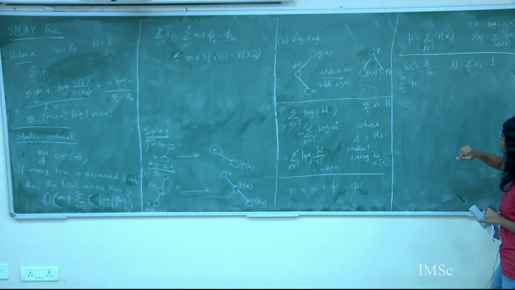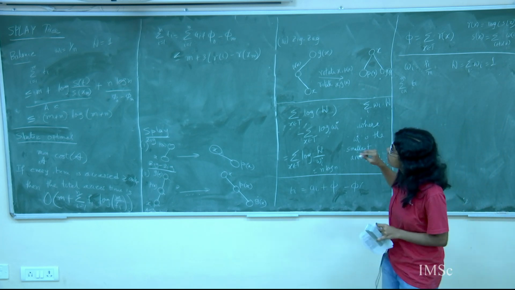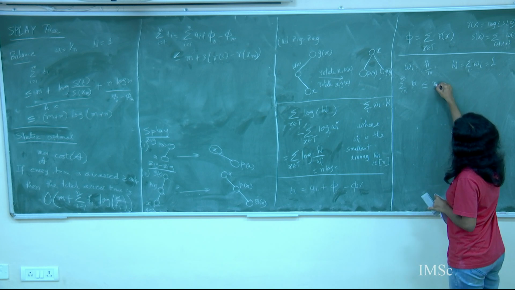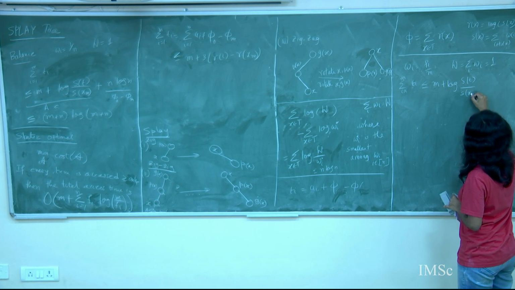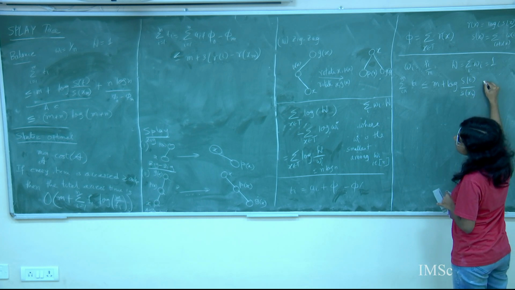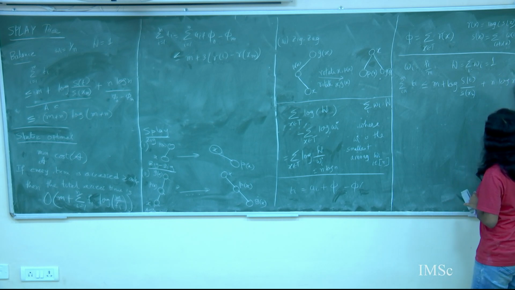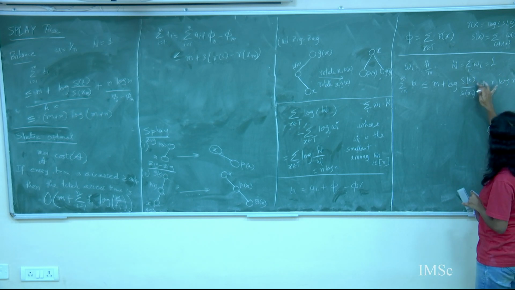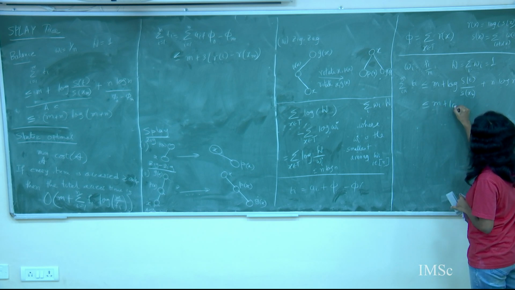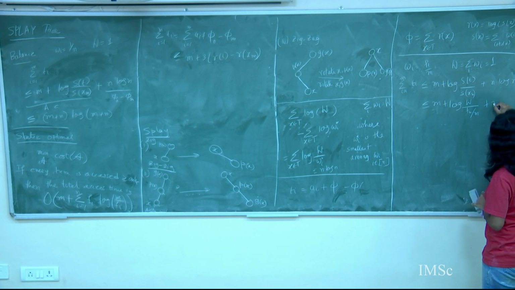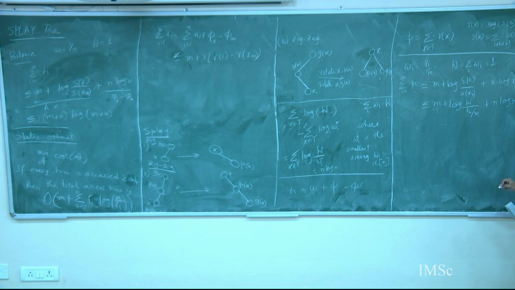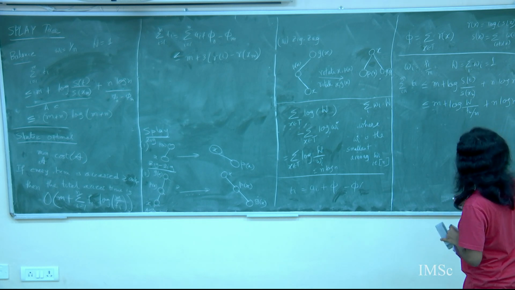So it's a minimum number. Am I doing something wrong?